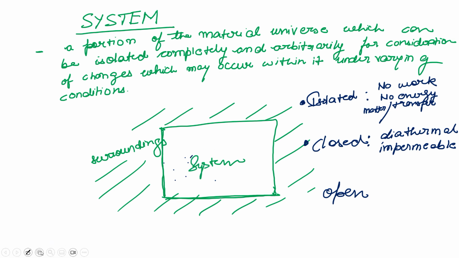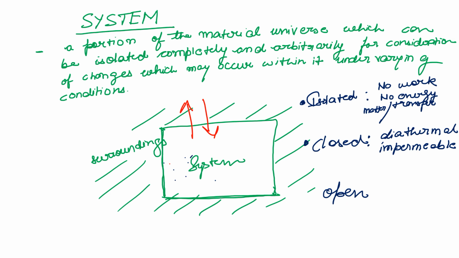Diathermal refers to the state where we can have free heat exchange from the system to surroundings and vice versa, that is from surroundings to system. So the heat flow occurs both ways, that's diathermal, but it is impermeable. That is, we do not allow any transfer of mass either from outside to inside or inside to outside.